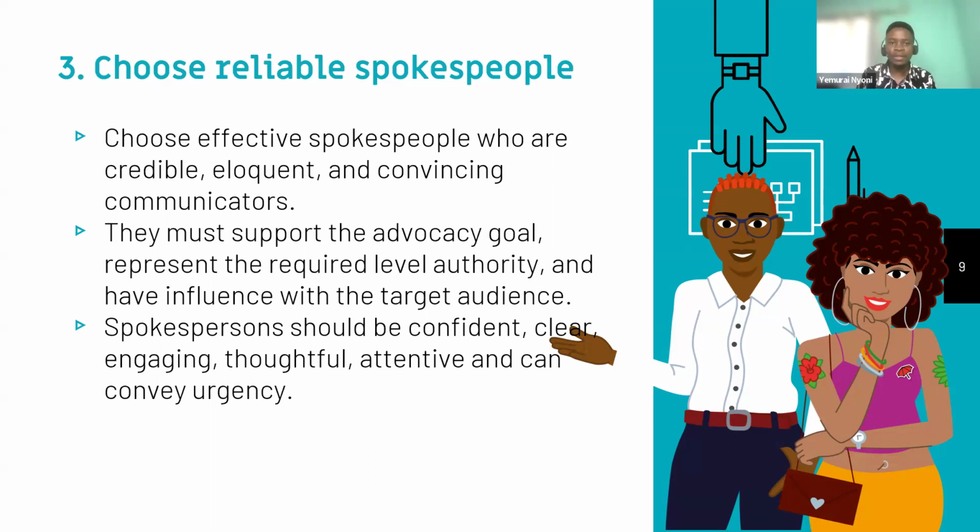Work with them. They are the ones who have the capacity to influence their peers and other people who might even be under their authority. So lastly, of course, spokespersons should be confident, clear, engaging, thoughtful, attentive, and convey urgency.